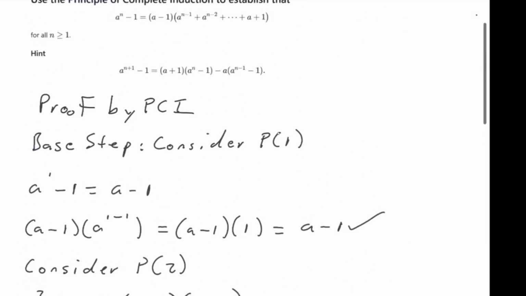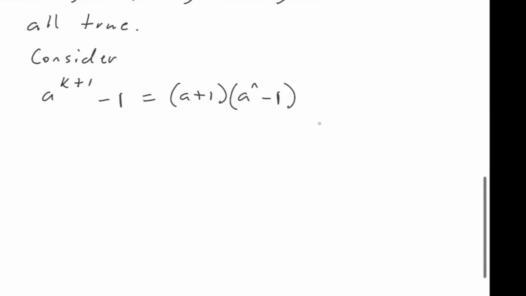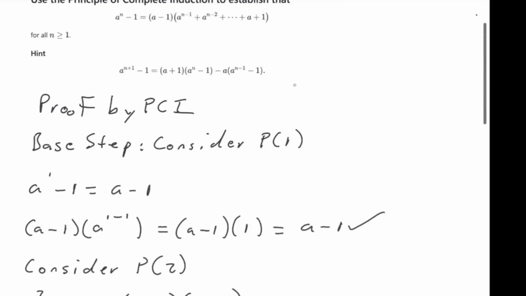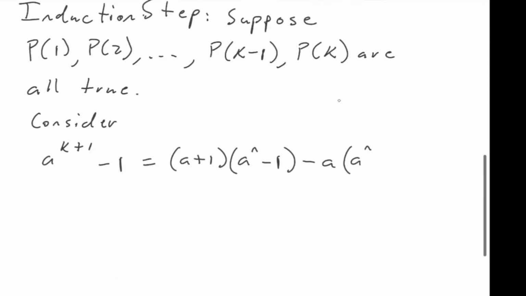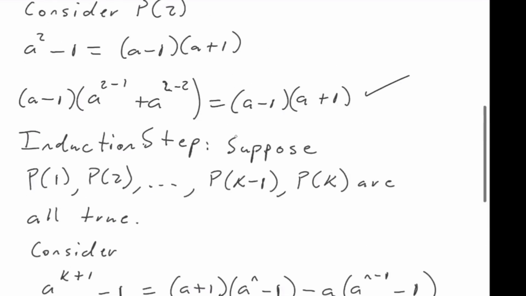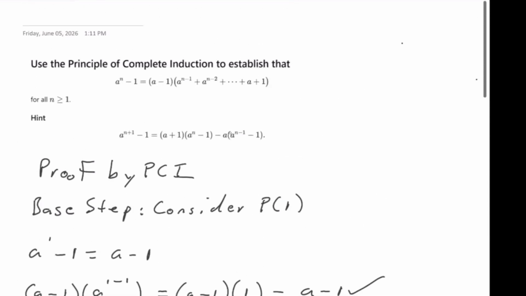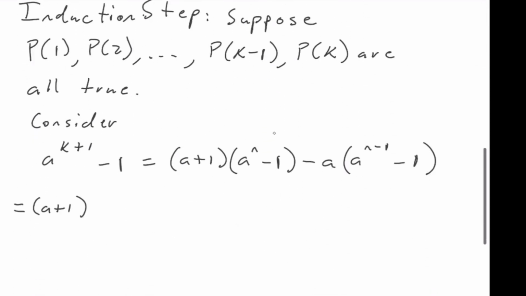And then it's minus a times a to the n minus 1 minus 1. Okay, so now this is going to be a plus 1. Oh, of course, it's not n, right? In this case, it's k. In this case, it's not n, it's k. So let's go ahead and fix that really quick.